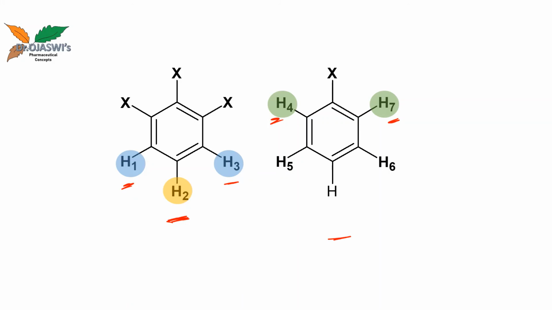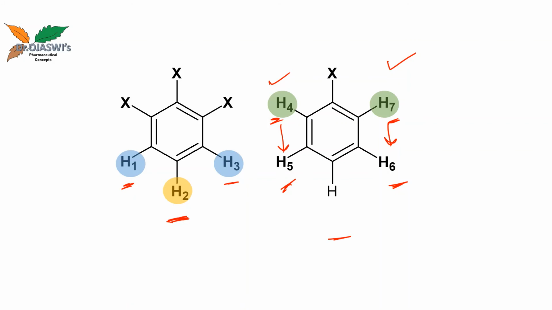But their partners are different. H4 is coupling with H5, while H7 is not coupling with H5. H7 is coupling with H6. And this is the conclusion, that H4 and H7 are not magnetically equivalent.